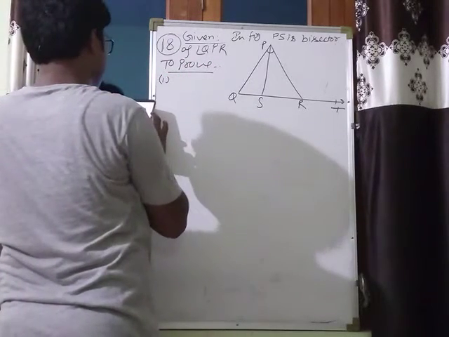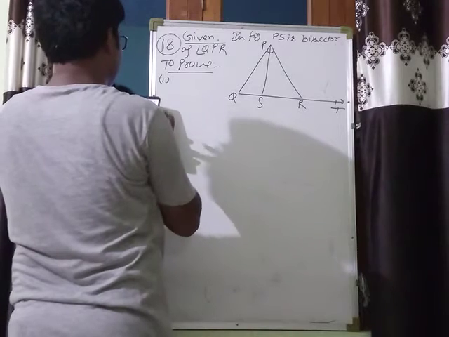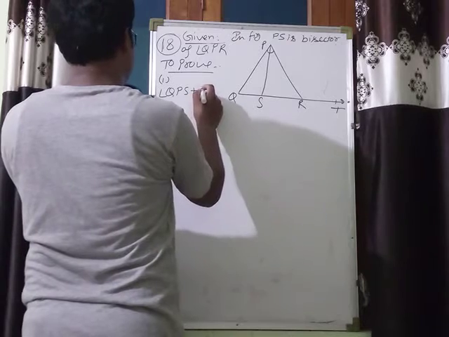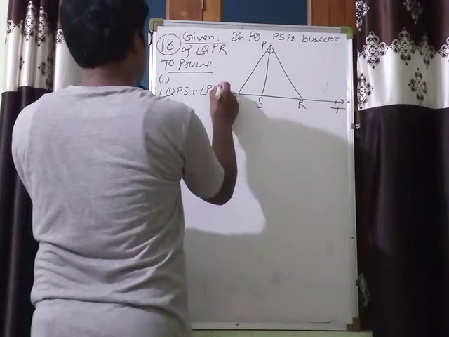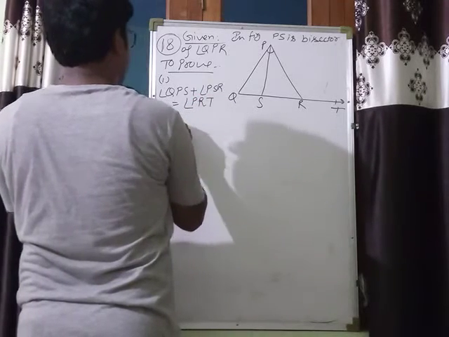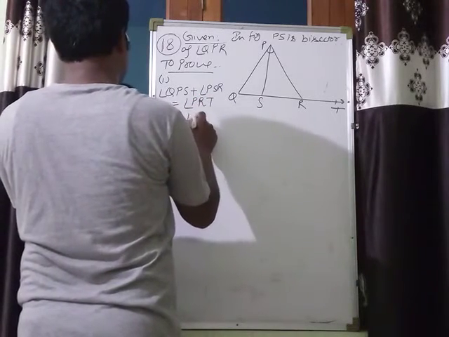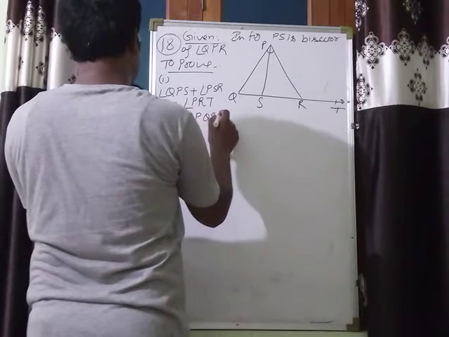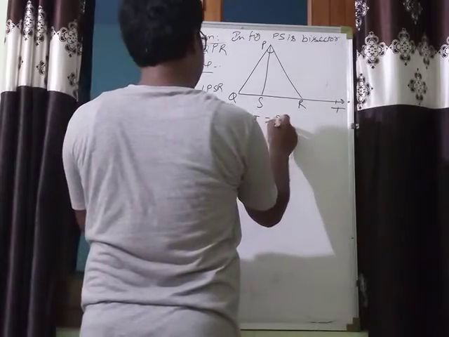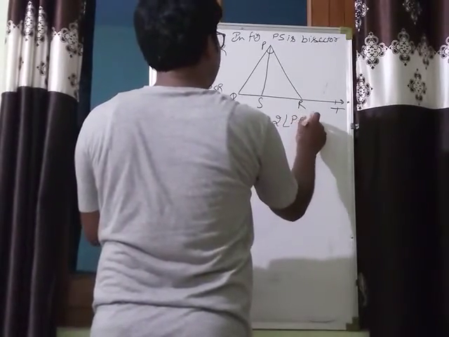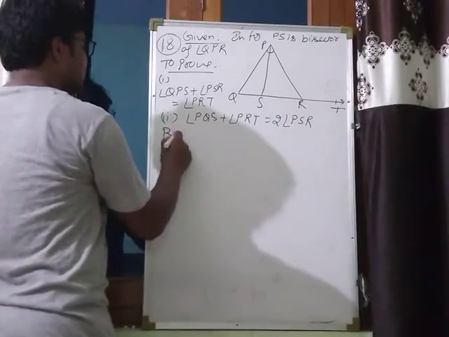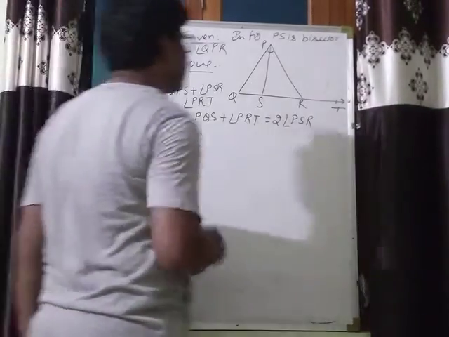First, angle QPS plus angle PSR is equal to angle PRT, and second we have to prove angle PQS plus angle PRT is twice of angle PSR. Okay, so I am going to prove this. See carefully, everyone. That is a very good question.